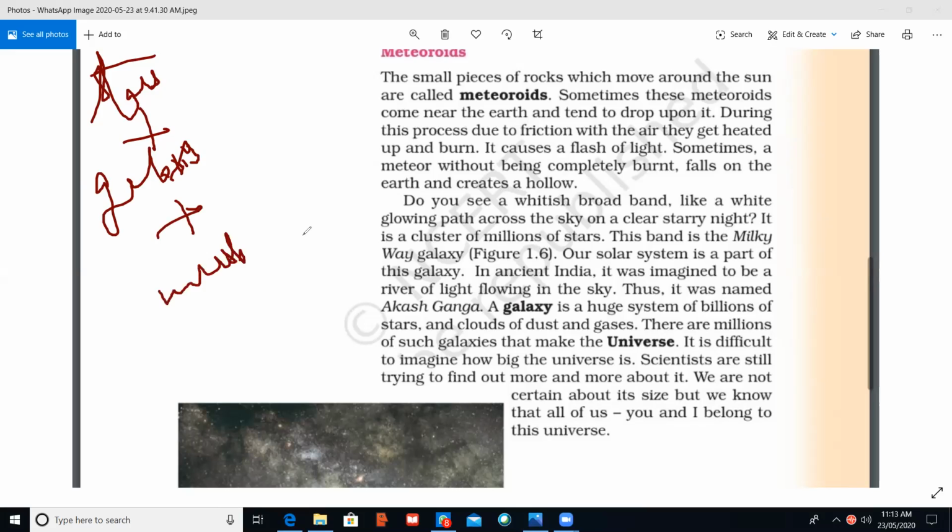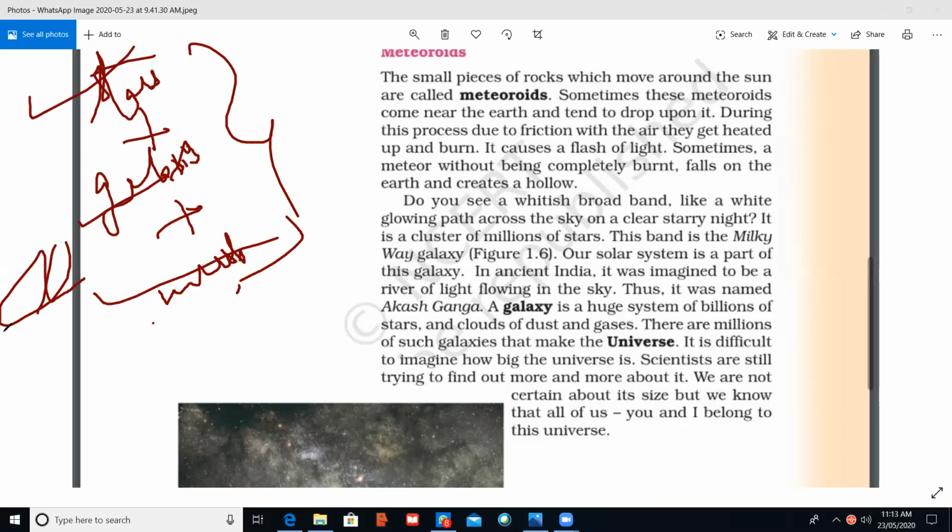Is it clear? And in the universe, everything is included. Your stars are included, then your galaxies, then your clouds and everything, every planet, everything is included. Which galaxy do we belong to? It's the Milky Way galaxy. Okay.